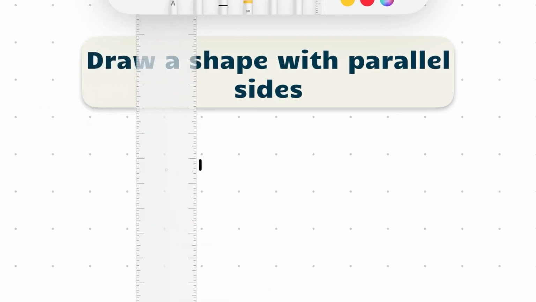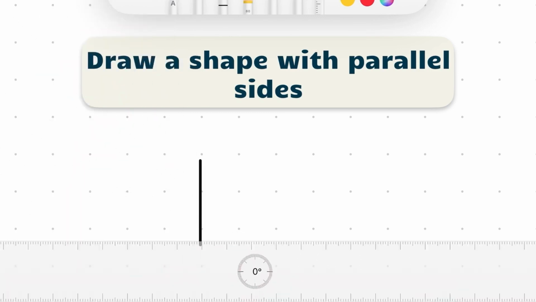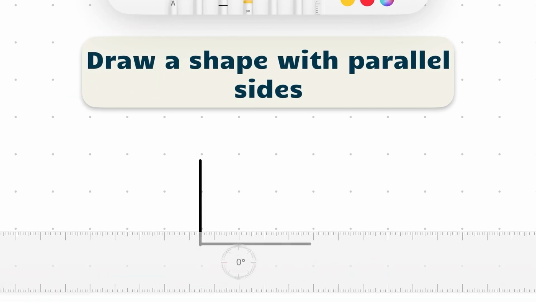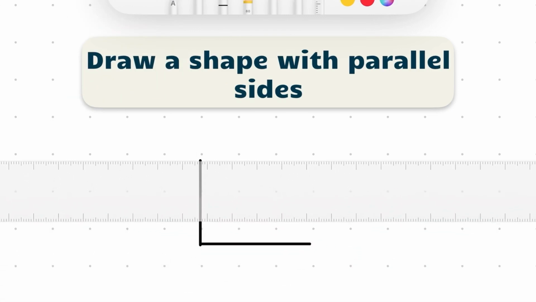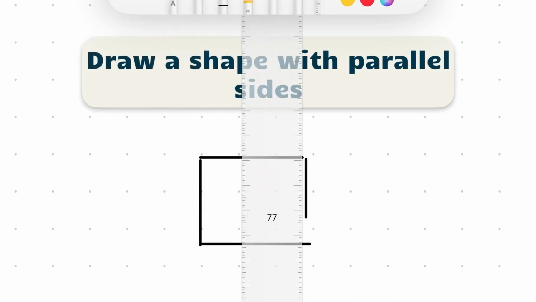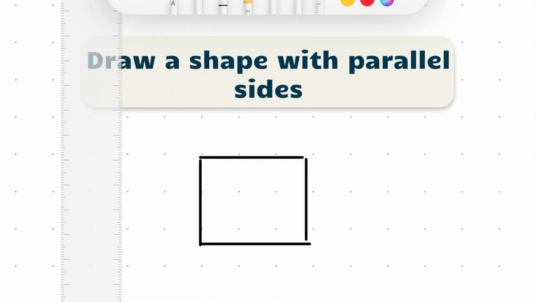For this practice problem, I'm going to construct a square. So remember, a square has 4 right angles and 4 congruent sides. And all these sides intersect at 90 degree angles. So how can I denote that each of these sides are parallel?